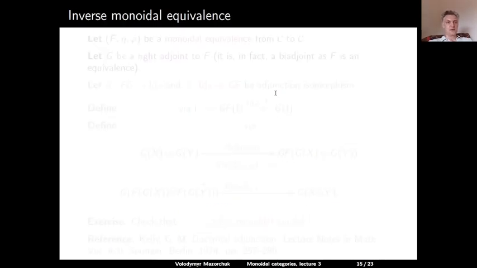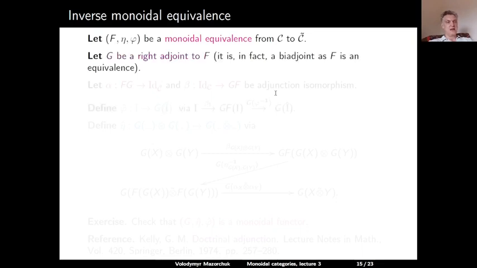Next, let us talk about inverse monoidal equivalences. Let F be a monoidal equivalence from C to C tilde. Let G be a right adjoint to F. So since F is an equivalence, it follows that G is actually a bi-adjoint to F, so it's just an inverse equivalence. So we claim that the functor G can be given a natural structure of a monoidal functor.